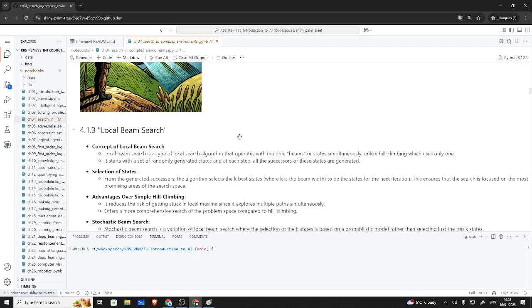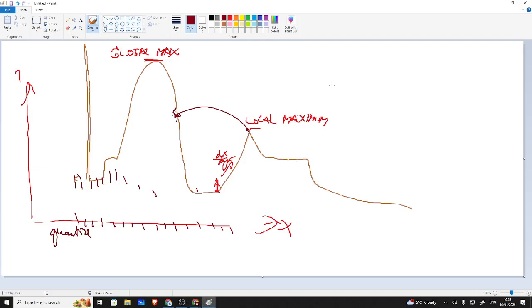What's good about it? Here I can't really show you beam search on a picture, because I would have to draw this in two-dimensional space. I look here, here, and here. Let's say I keep 3 beams. I check 3 locations, and I keep always checking 3 locations.